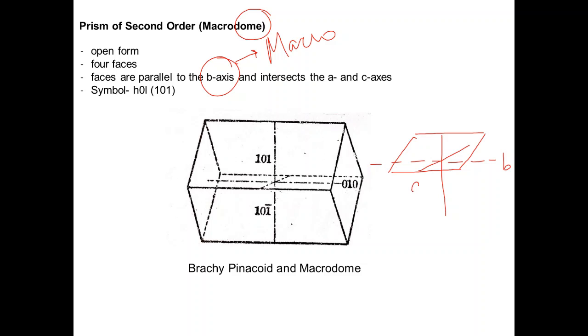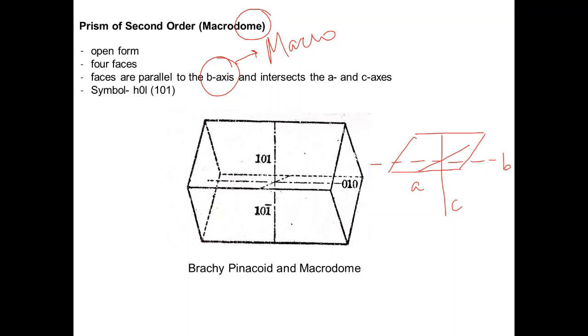The a axis is the brachy axis, the b axis is the macro axis. None of the four faces will intersect the b-axis, and since they are running parallel to the macro axis, it will be called macrodome.